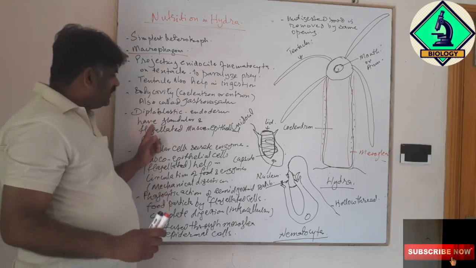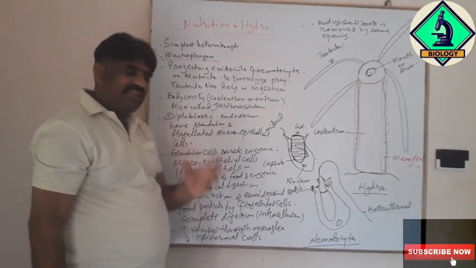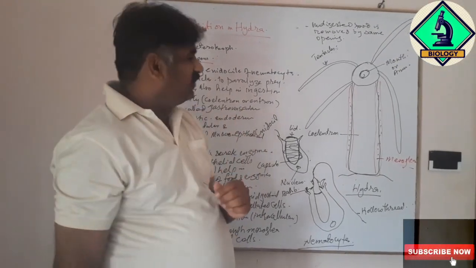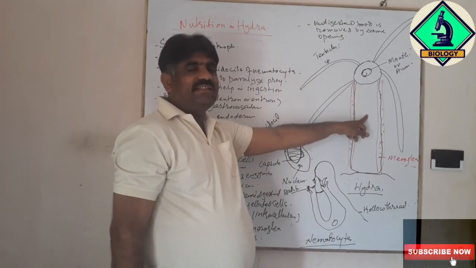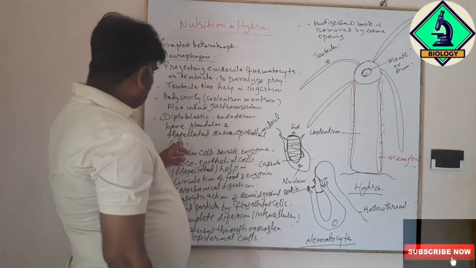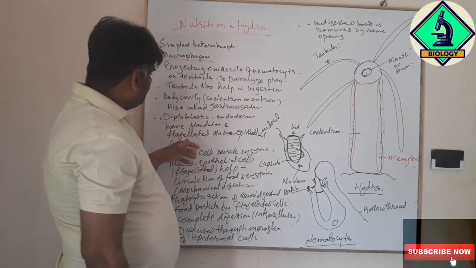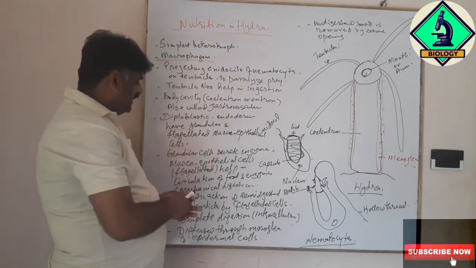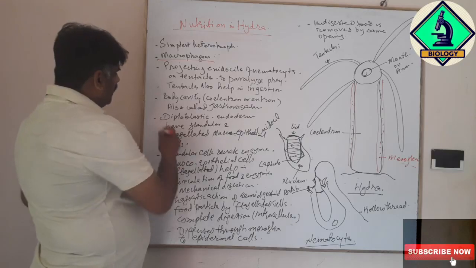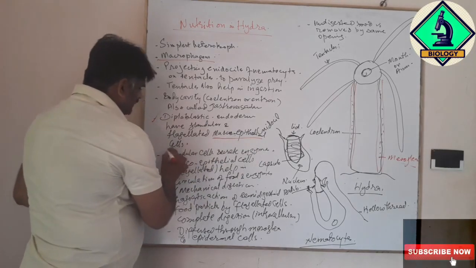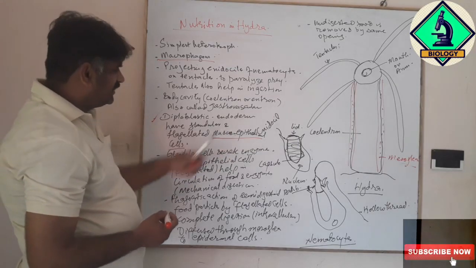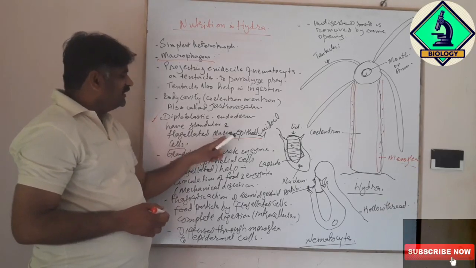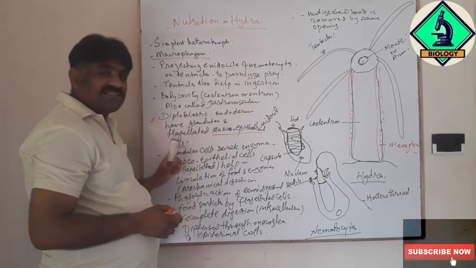Keep in mind that endoderm has glandular cells, meaning gland cells which secrete enzymes for extracellular digestion in the enteron cavity. Other cells also present in this endoderm are flagellated, meaning they have flagella. These flagellated cells are called musculoepithelial cells because they form the inner surface, that is the epithelial cells, and they are contractile. That's why they are called flagellated musculoepithelial cells.